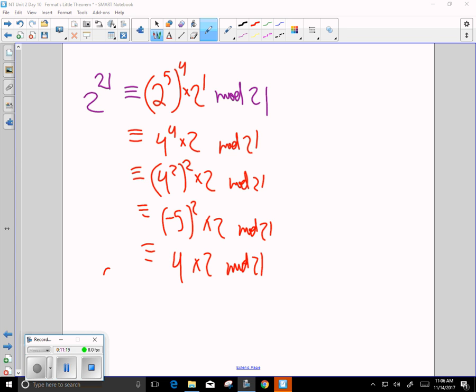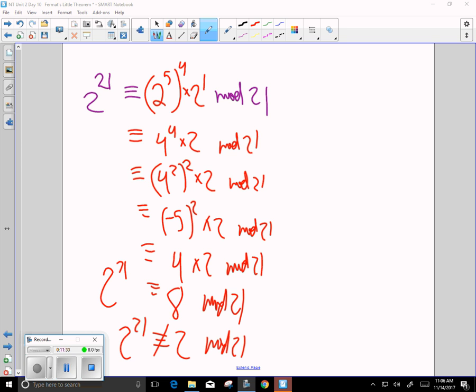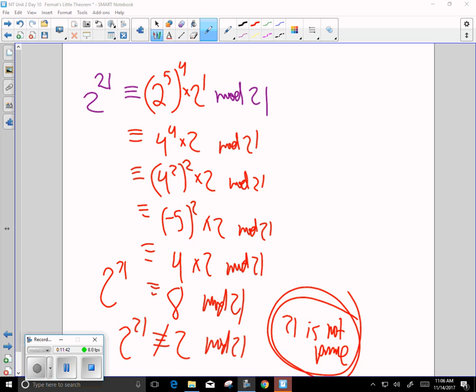And so we get 2 to the 21 is congruent to 8, mod 21. This is not equal to 2 mod 21. Therefore, 21 is not prime. And that's how you do those.